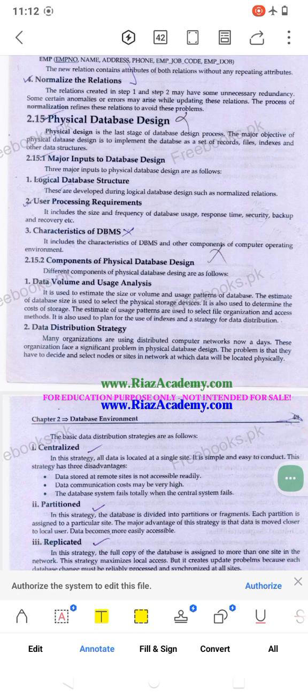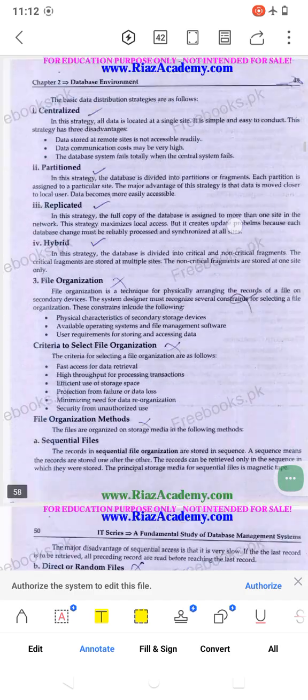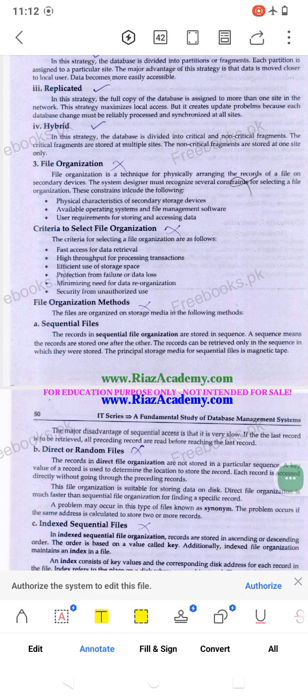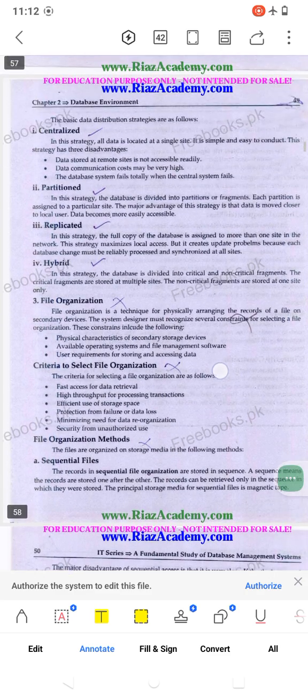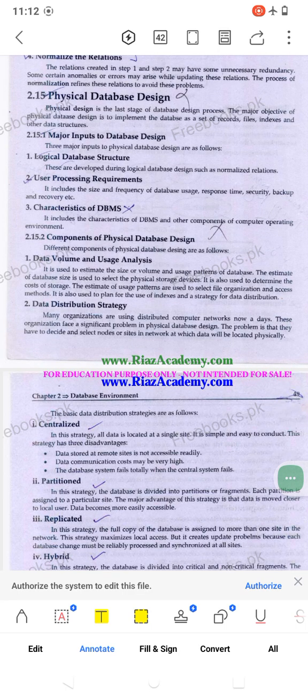Next we have the basics of physical database design. First, we have major inputs to database design. For physical database design, first we have inputs, and second we have components, which are required for our physical database design.